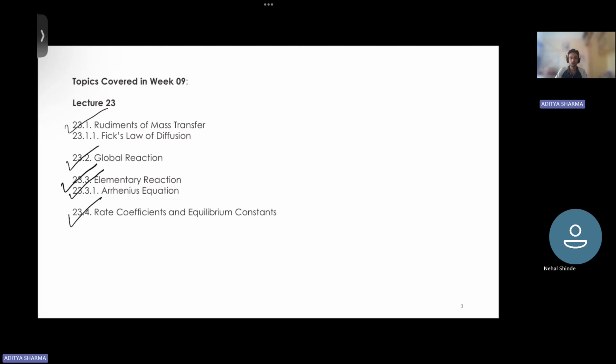How the rate constant of a forward reaction and the rate constant of a reverse reaction contribute to the equilibrium constant. Also, a point to be noted is that your equilibrium constant can also be expressed in terms of your partial pressure. This discussion has been done under this topic.